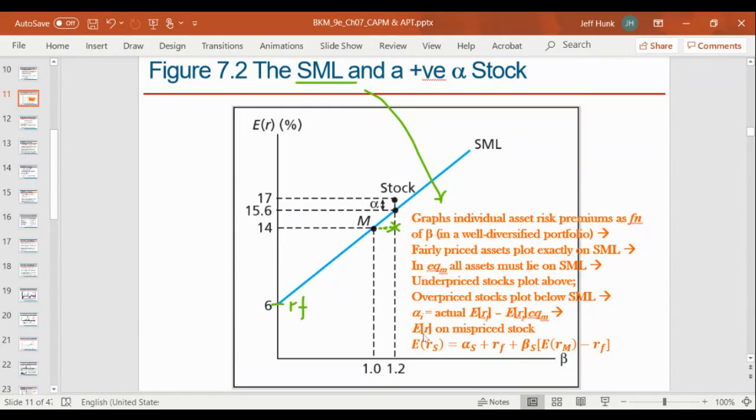And since CAPM is only showing the expected return on the left-hand side, not the excess return, that alpha is captured on the right-hand side of the equation. The alpha of the stock is shown on the right-hand side, and the right-hand side would already have the risk-free return, right?